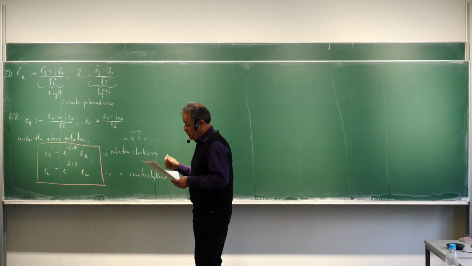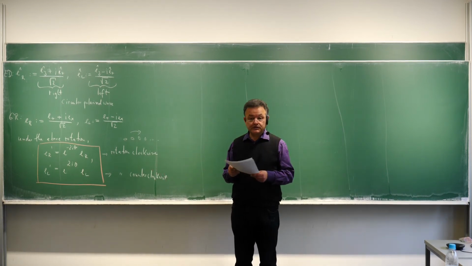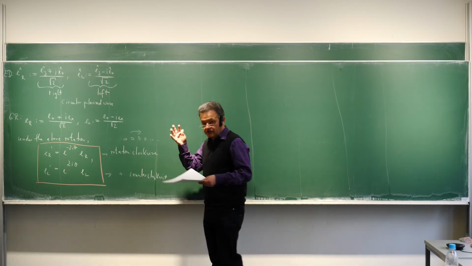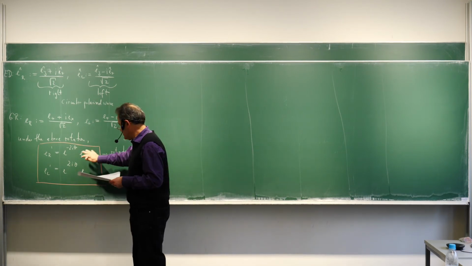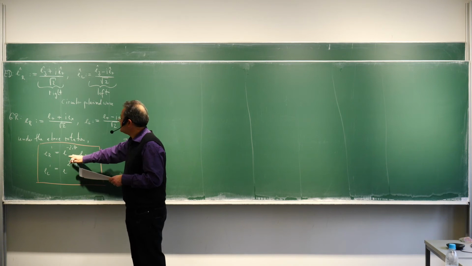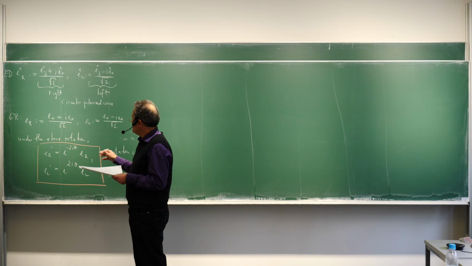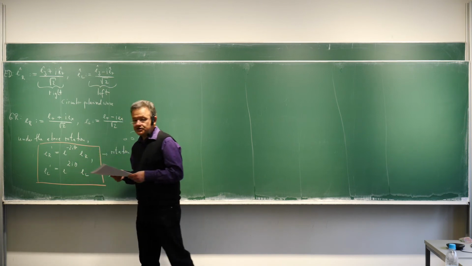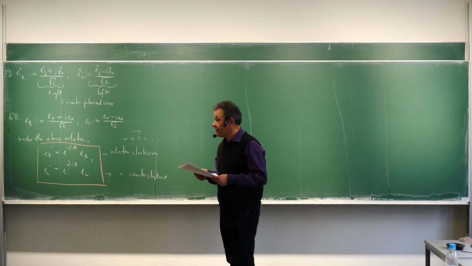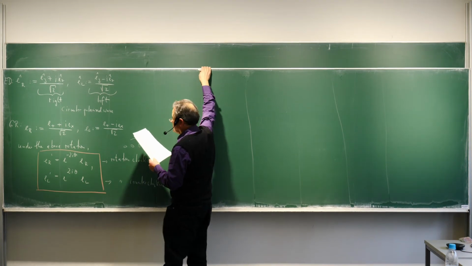This brings me to an important definition, namely if we have the result that a general wave, independent of what it is, transforms by a factor e to the i h theta times the original one, then this h is called a helicity. So let me write this down because this is important.